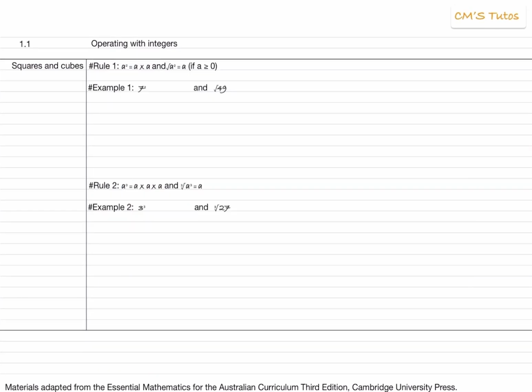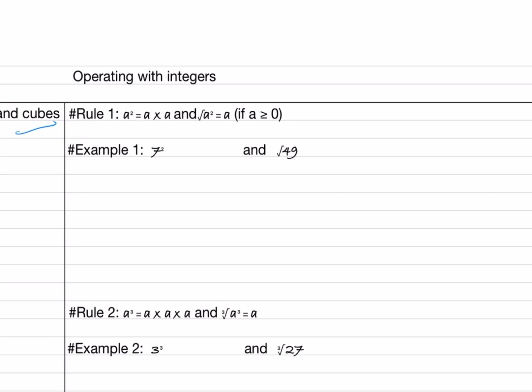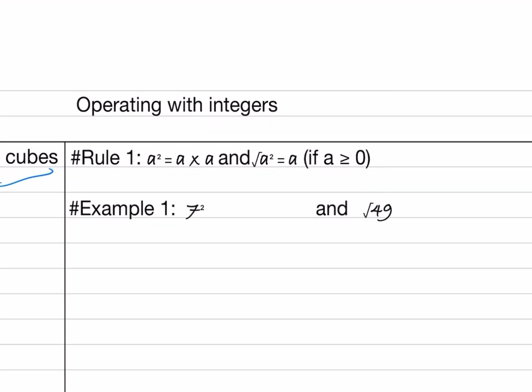A fun part, again: squares and cubes. I love squares and cubes. We can do rule number 1. A square is always a multiplied by a. It's like a double. When we talk about a square, it's a double a.